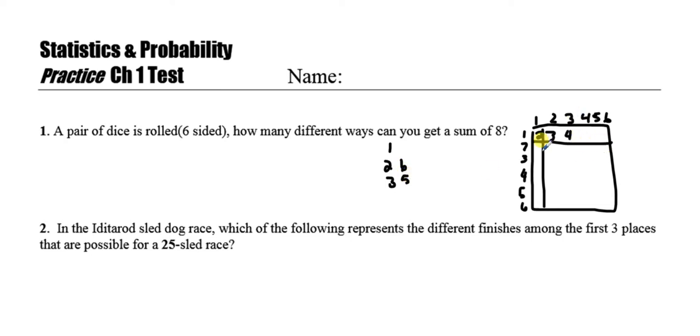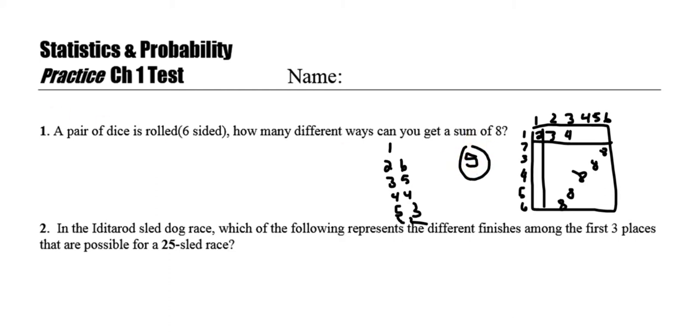And this would be on our sheet here. 2 and 6 would be 8, 3 and 5 would be 8, 4 and 4 would be 8, 5 and 3 would be 8, and 6 and 2 would be 8. So there's 1, 2, 3, 4, 5 ways we can get a sum of 8.